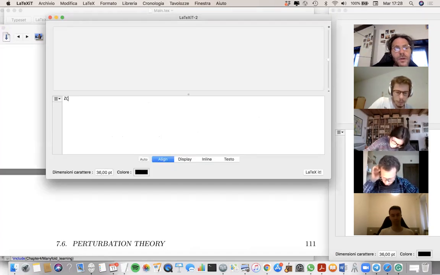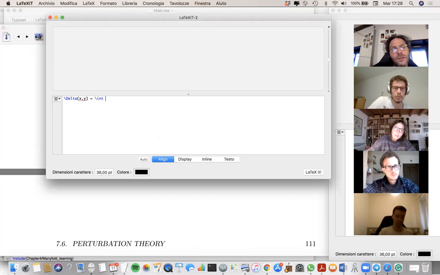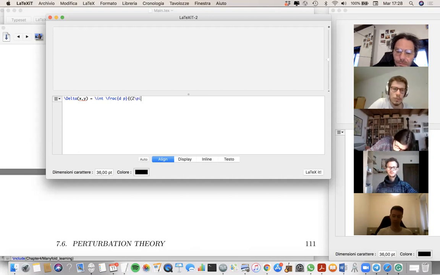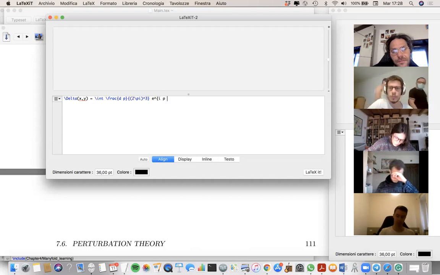The idea is that everywhere I see a propagator, I can always write its Fourier representation.